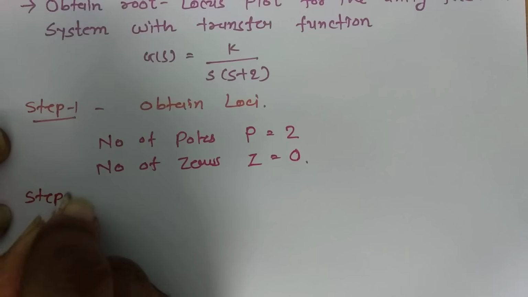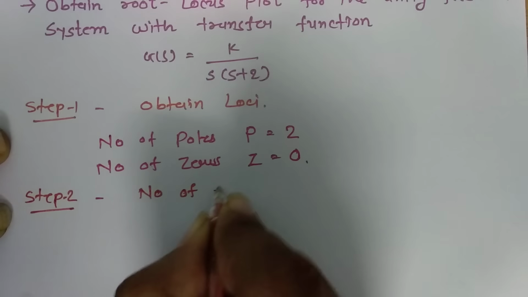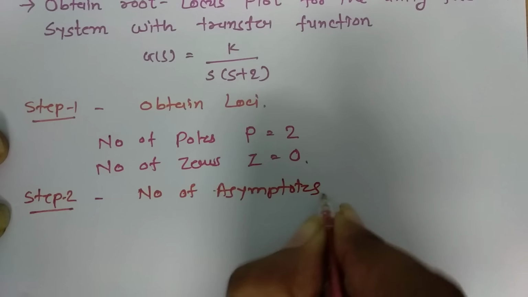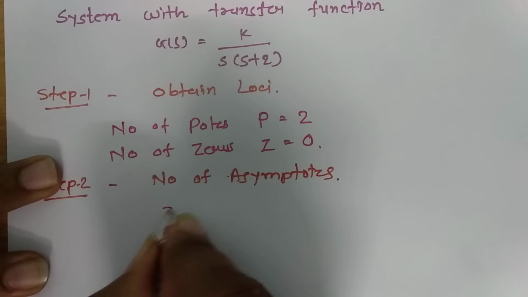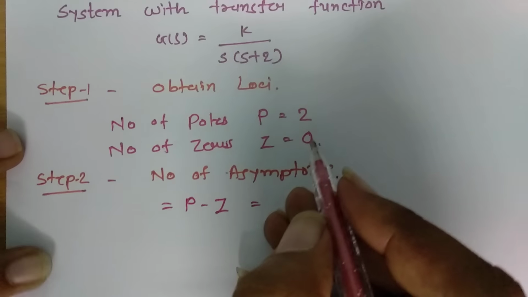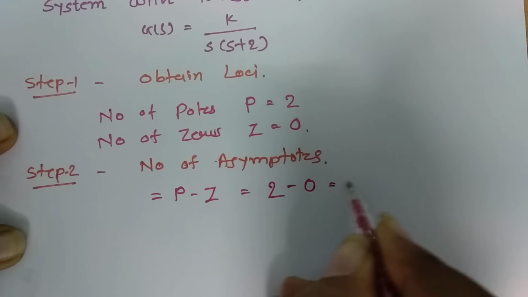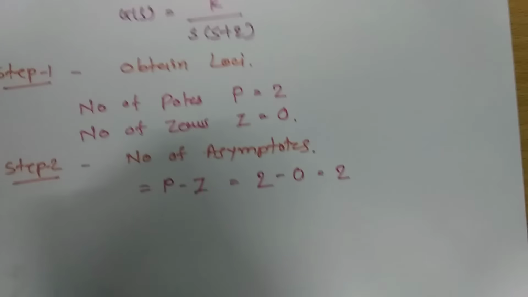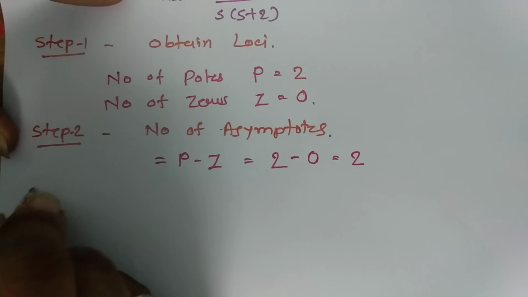So the next step is the number of asymptotes. The number of asymptotes is the total number of poles minus the total number of zeros. Over here, the total number of poles is 2 and the total number of zeros is 0. So this is 2.